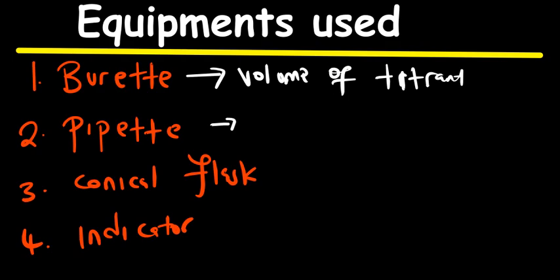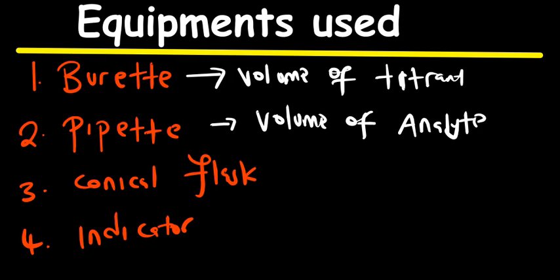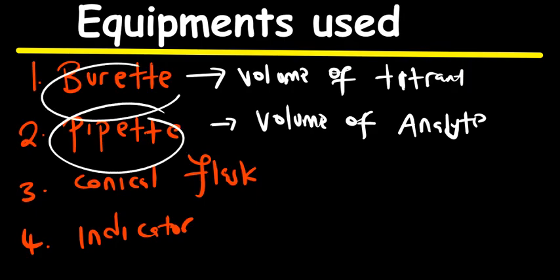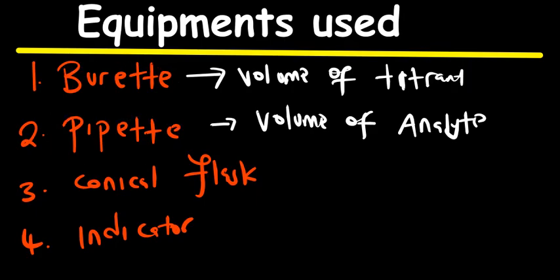But if you are trying to find the volume of the analyte, mind you, we know the concentration of the titrant, that's why it's called the titrant. But if you don't know the concentration of what we're finding, we're talking about the volume of the analyte. It's an unknown solution. So for an unknown one, you're using a pipette. For the one that you know, you're using a burette.